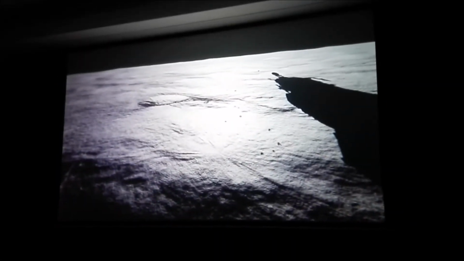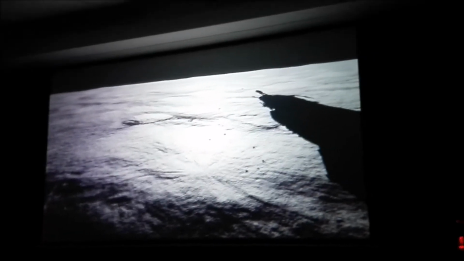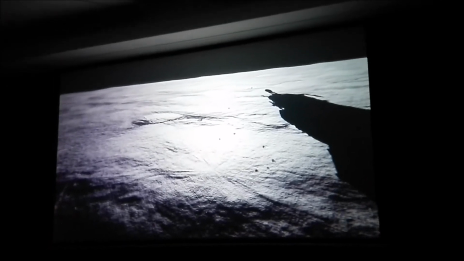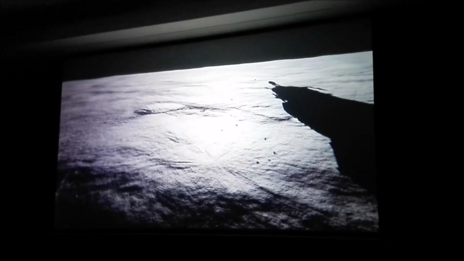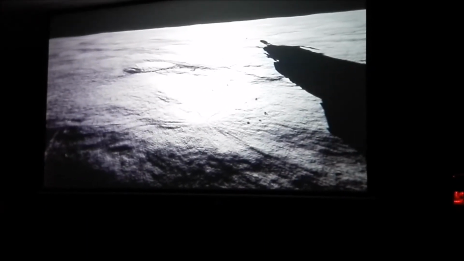Besides that, we have to look at this moon dust, or regolith. Regolith actually doesn't reflect a lot of light. It has reflection properties of about 12%, but because of its crystalline structure, it reflects light back to the source.